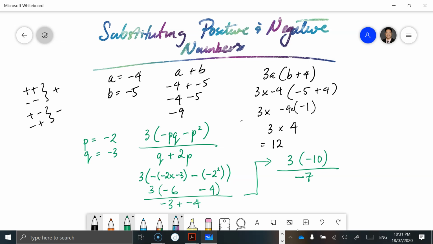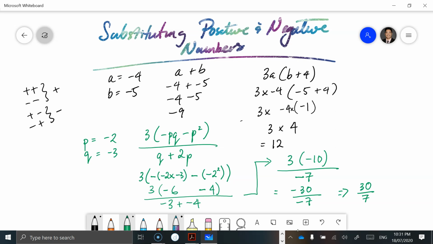3 times minus 10 is going to be minus 30, divided by minus 7. Now, a negative divided by a negative is going to be a positive. So we can actually cancel out the negatives and just leave it at 30 divided by 7.